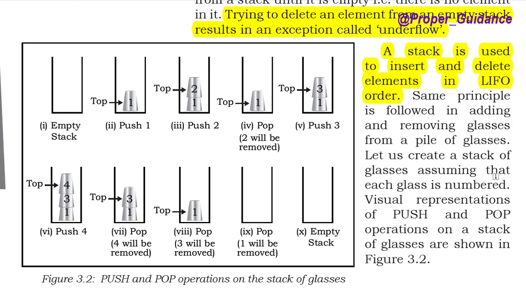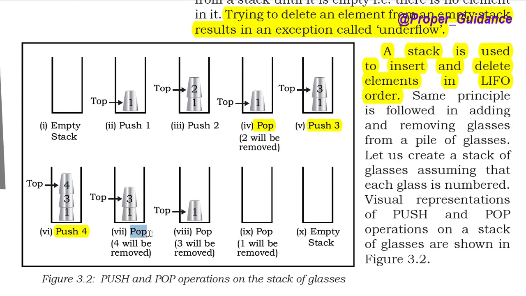Okay, and thereafter we are using pop. When we use pop, 2 will be removed, the glass on the top will be removed, and again we use push 3. When we use push 3, glass number 3 will be inserted on glass number 1, and again if you push something, push 4, it will give you glass number 4, so 1, 3, 4.